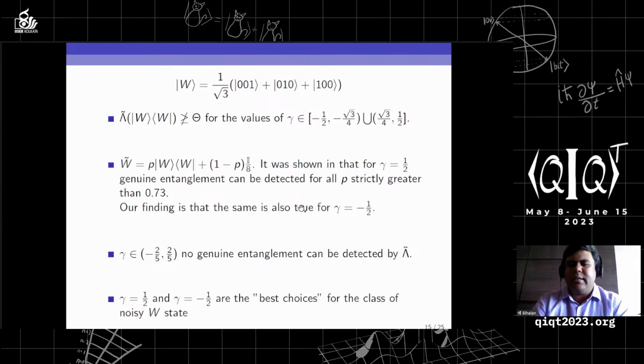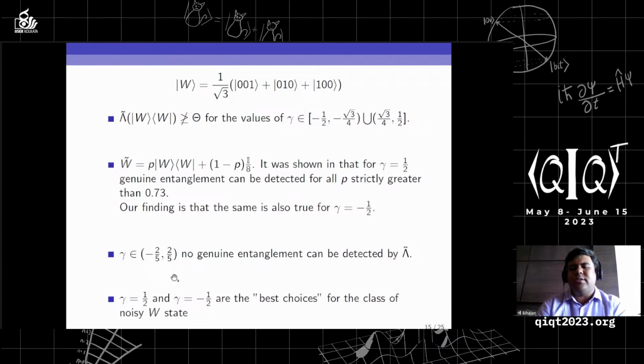Okay, and we also consider the noisy version of the W state, and we show that this also can be detected. The genuine multipartite entanglement of the noisy W state can also be detected for this range. For p strictly greater than 0.73, it can be detected.